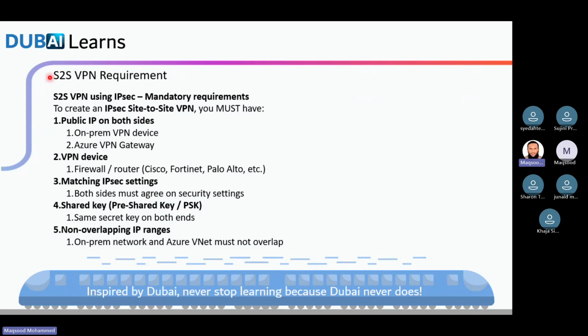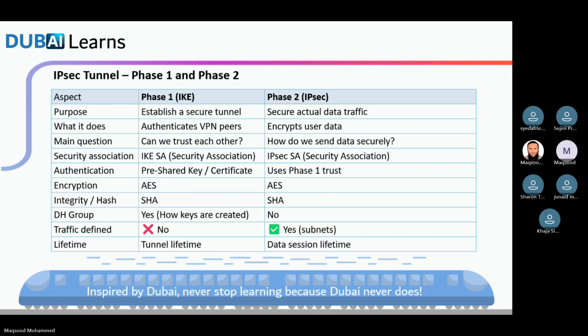All right, let's continue with this. So this is what I have explained to you: the mandatory requirements for IPsec connectivity between the sites. Now, in an IPsec tunnel, logically, when you're establishing a tunnel, it has two phases.